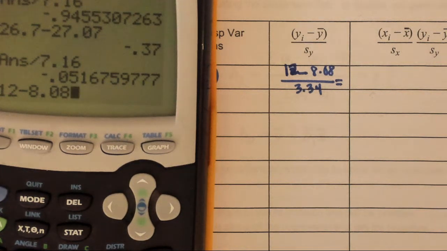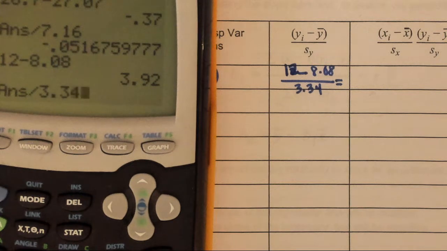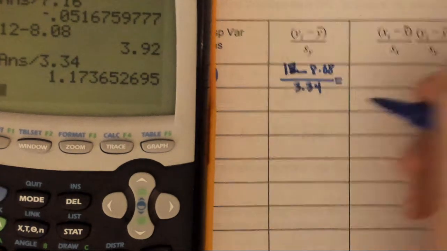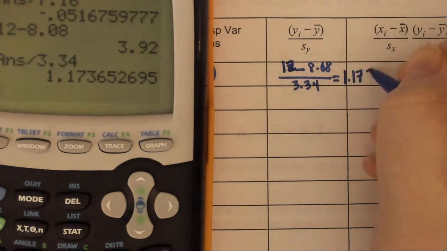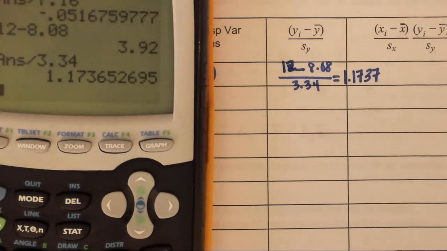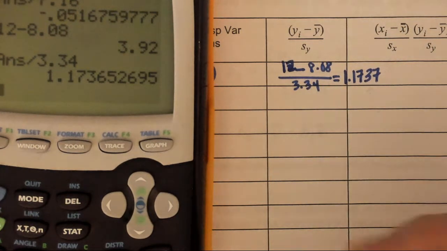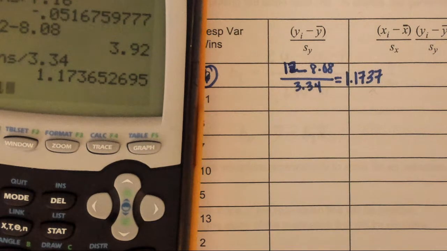12 minus 8.08 divided by 3.34, I get 1.1737, again, but I'm rounding. So is that bad? I don't know. Is it bad overall in life? Probably not. Could it end up affecting us at the end?